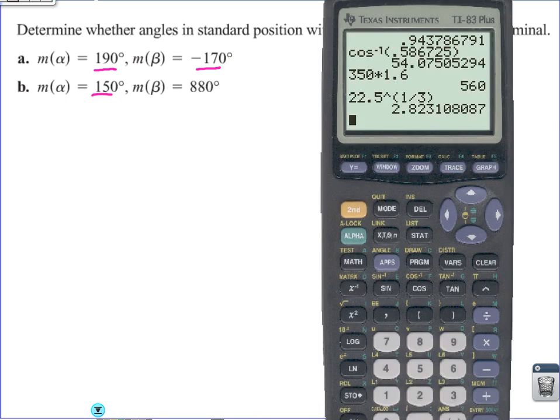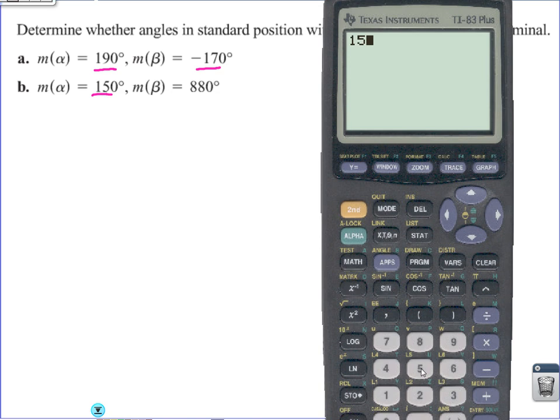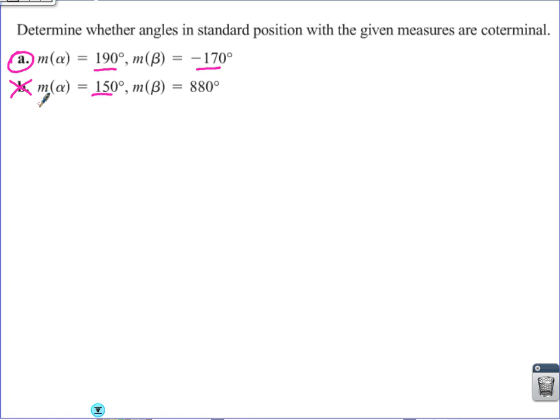Take 150, add 360 to it. You get 510. Too low. Add another 360 to it, you get 870. Close, but are they coterminal? No. If you tacked on another 360, it's going to be way too big. So A is coterminal, and B, those two are not.